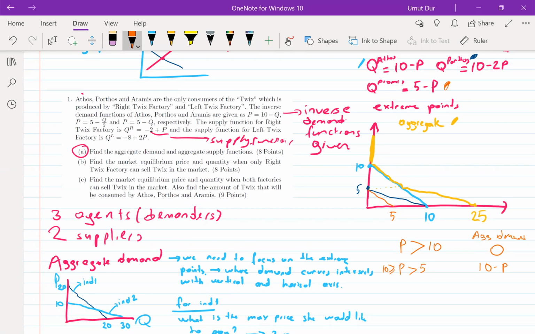When the price is less than or equal to 5, their aggregate demand will come as a summation of the three of them. How do we sum them?